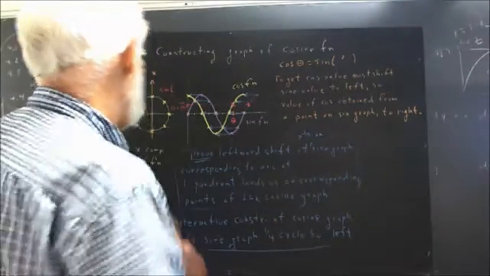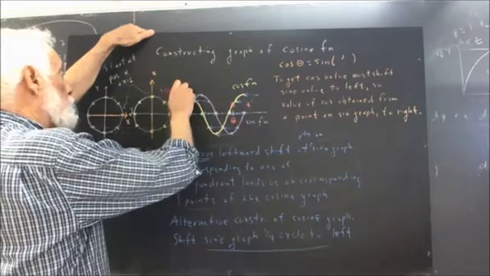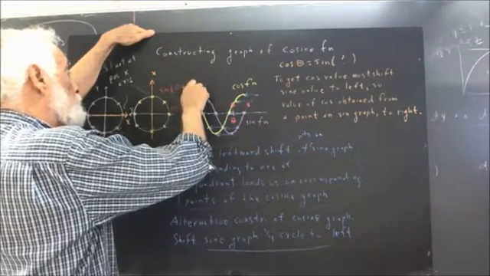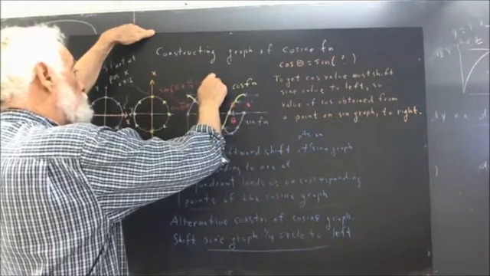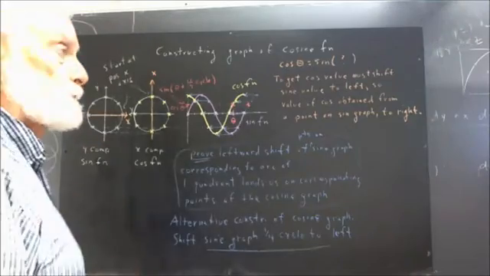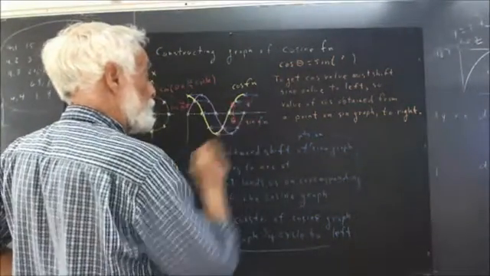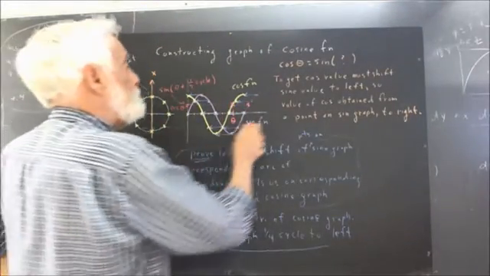So the cosine of theta is the sine of what? Theta plus a quarter cycle. So this distance here is a quarter cycle, the same distance through which we've shifted everything else.